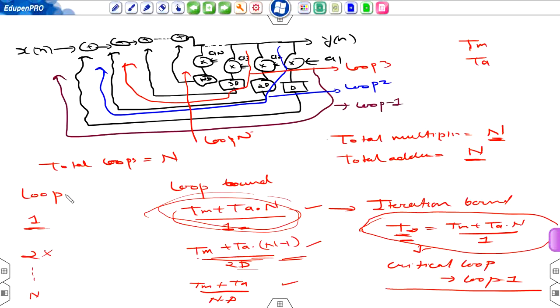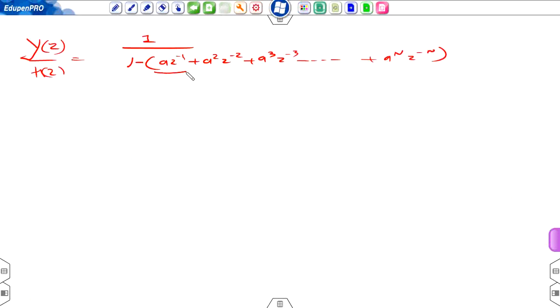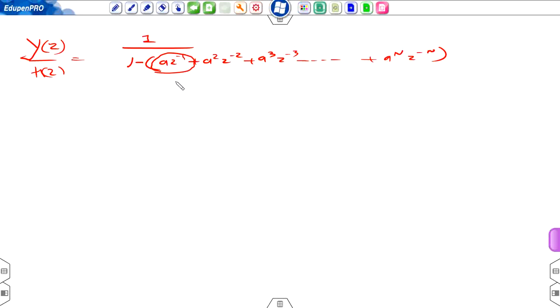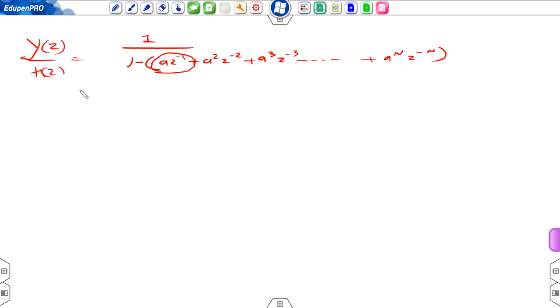So this loop with one delay is associated with the term z raised to power minus 1. Okay, so to eliminate this loop from the circuit, we have to eliminate this term from the denominator. So if this term is eliminated, the loop corresponding to this term that has only one delay element will be eliminated from the circuit.